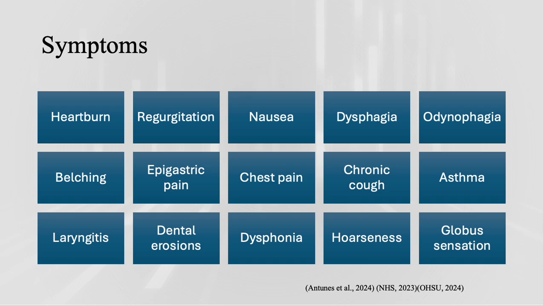Asthma is very interesting because you just think, well, what does respiratory have to do with GI? But we're thinking about the irritation of the esophagus, and those irritants are a trigger for some airway spasms, and it can even affect our speech.